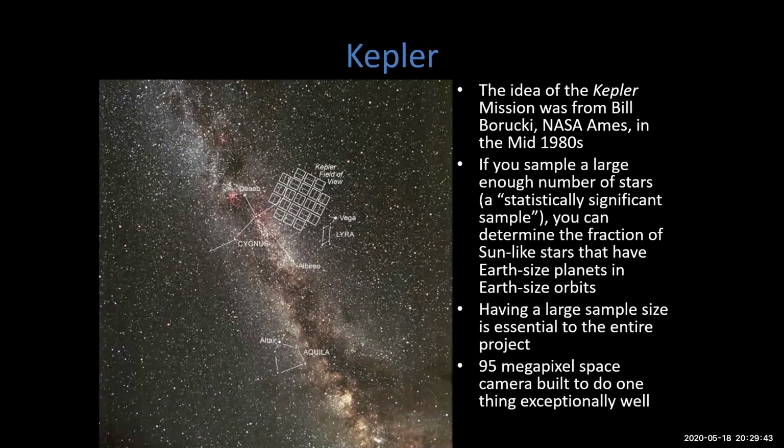But if we looked at a large enough sample of stars, we would be able to determine the fraction of sun-like stars that would likely have Earth-sized planets in Earth-sized orbits. And so that's why they had, I think, 6 million stars to pick from. And they picked out about the best 200,000 of those 6 million and focused on those.